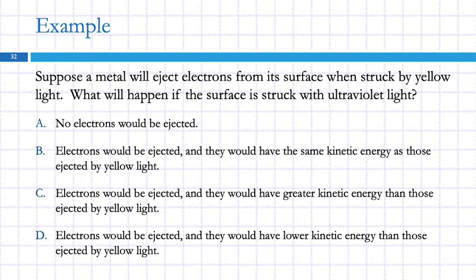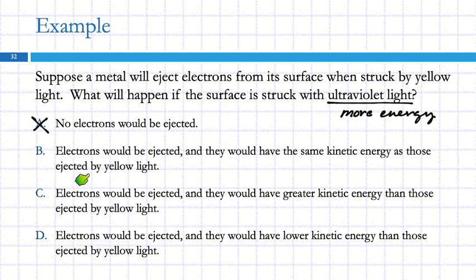More. Ultraviolet can give you a sunburn. Yellow light can't. So this light has more energy than the yellow. So will it also eject electrons? Yeah. So let's look at these choices then. It says no electrons would be ejected. Oh, no, that's not true.